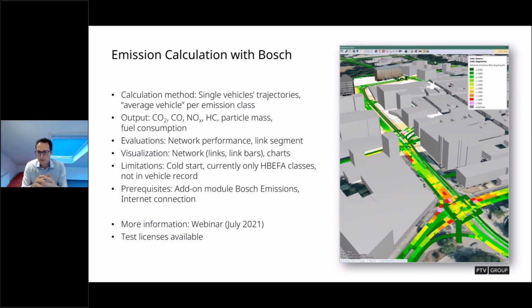You can use link bars, everything you know from Vissim. The method is based on single vehicle trajectories, which we send out. The currently supported outputs are CO2, CO, NOx, HC, particle mass, and fuel consumption as well.